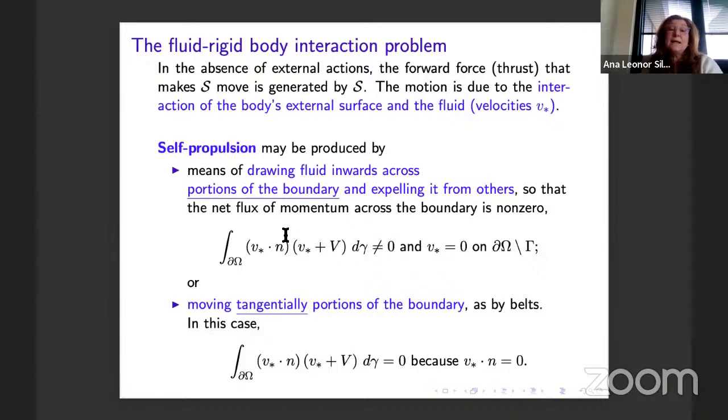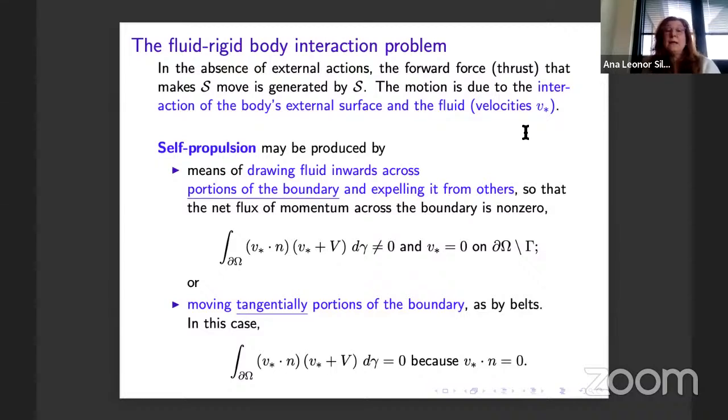which means that in two different situations that are common in real situations. A first one is the case where we have this velocity v star concentrated only on the part of the boundary.